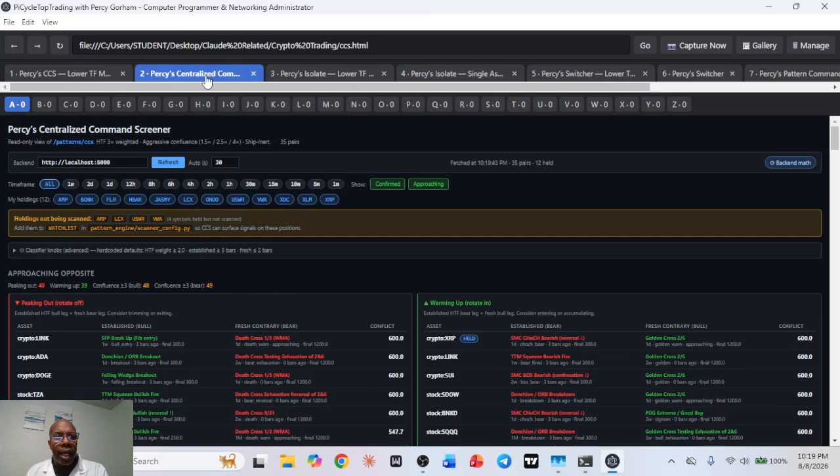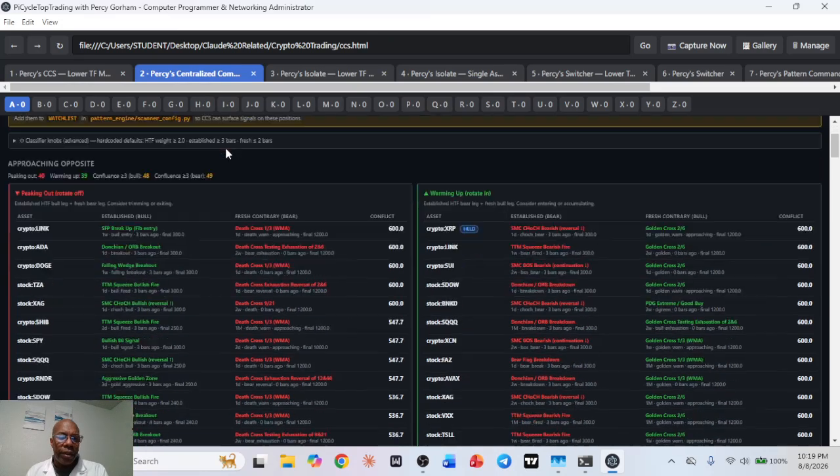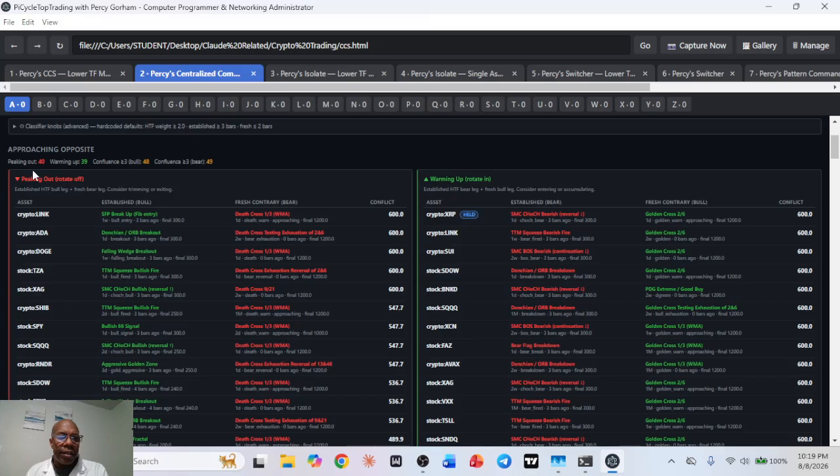All right, so let's look on the higher time frame first. We have the assets, and we can see this one is called peaking out. The idea is the computer is putting some assets into a category of possibly going downhill. And the idea is to take the elevator as it's going up and it's starting to slow down and maybe go down, to take another elevator that is strongly going up.